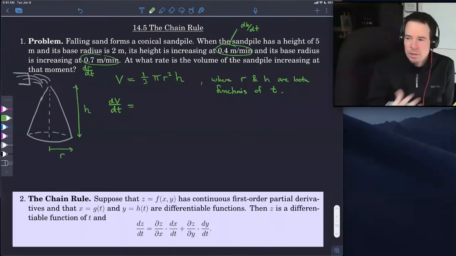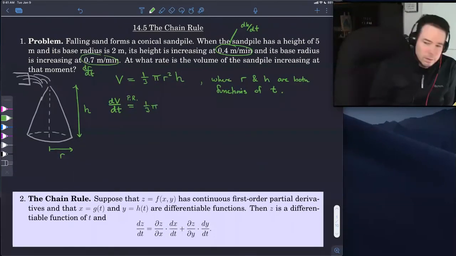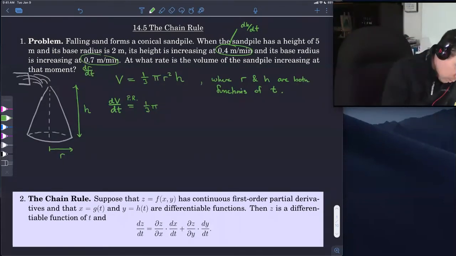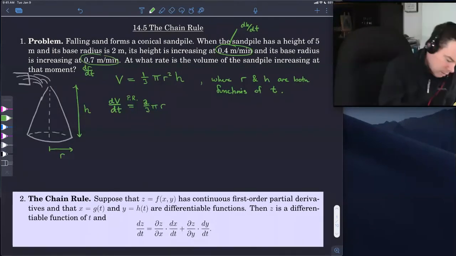Well, I have to relate it to the change in the radius and the change in the height. And I can do that through the product rule. So by the product rule, I would get 1/3 pi times the derivative of the first function, which is the r squared, times the second.